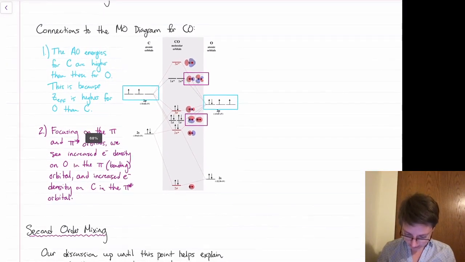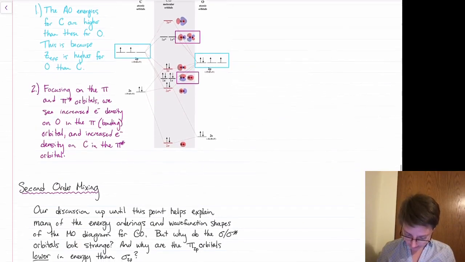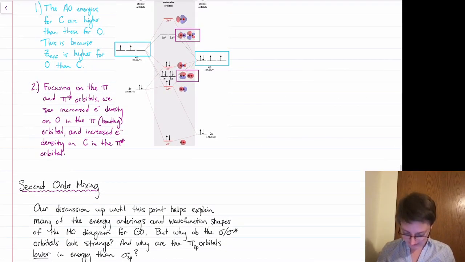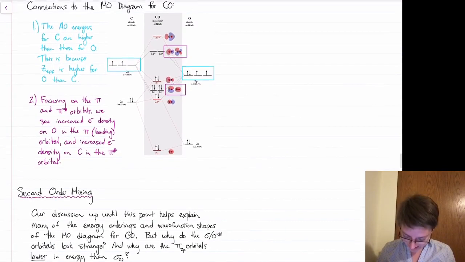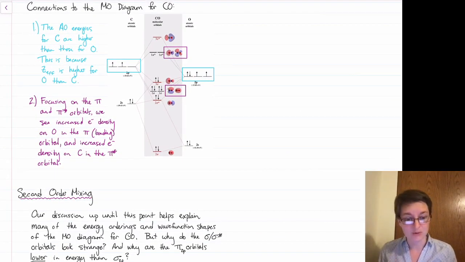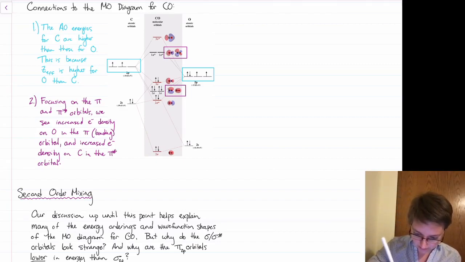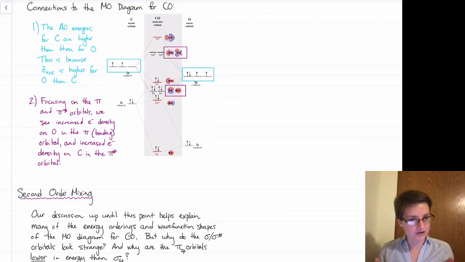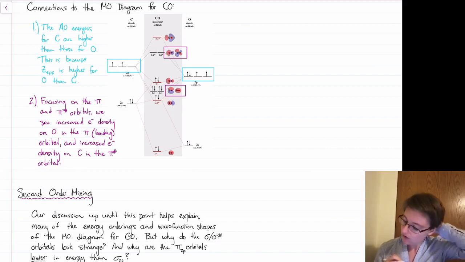So that's all well and good. However, I still don't think that we have fully solved the question of why the CO MO diagram looks the way that it does. Because as I see it, this 3 sigma star orbital still looks complicated, right? It appears to not exactly look like this sigma star combination that we were used to for our homonuclear case.